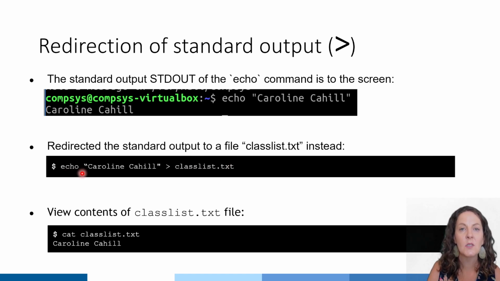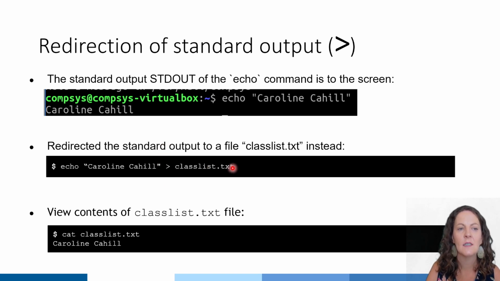So the standard output is usually our screen, and by default our echo function will just put it out on the screen. If I want to amend that, I can use the greater than sign. The main problem, there's always a problem, with this is that this redirection will overwrite.